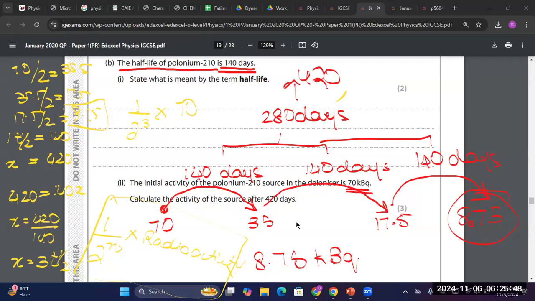This method where you just keep on dividing by 2 until you get the answer is okay at your IGCSE level, mostly because they don't give you very complicated questions, right? For example, 420 days is just 3 half lives, so you just have to divide it 3 times.